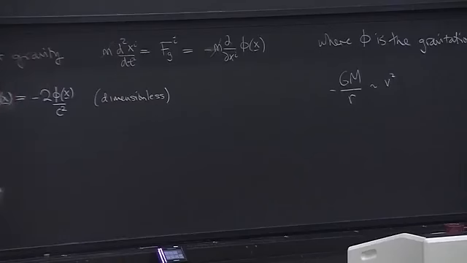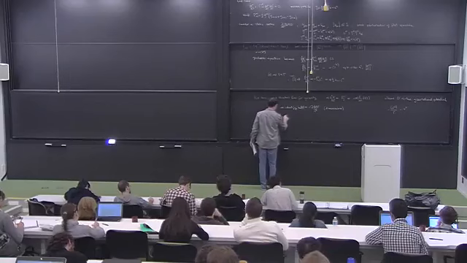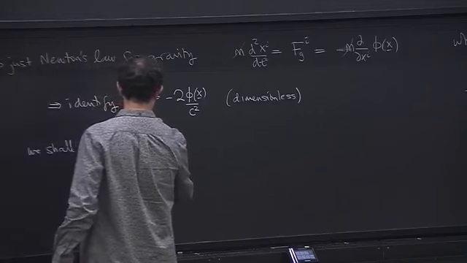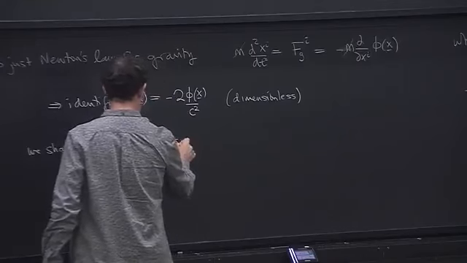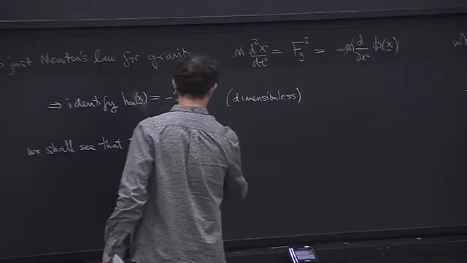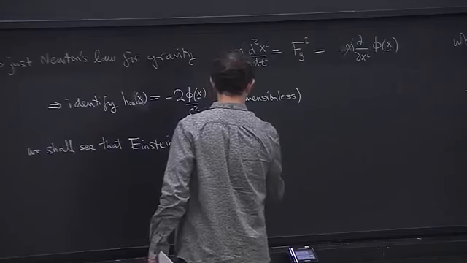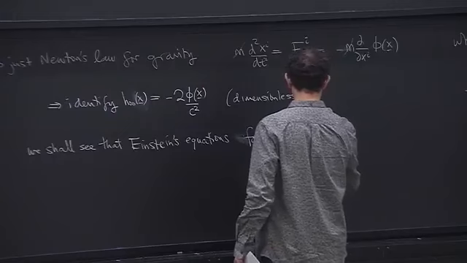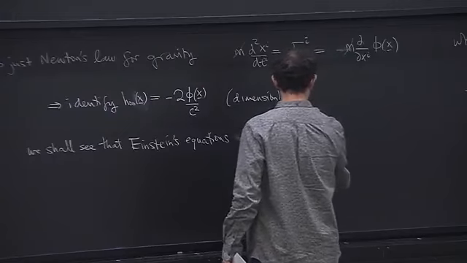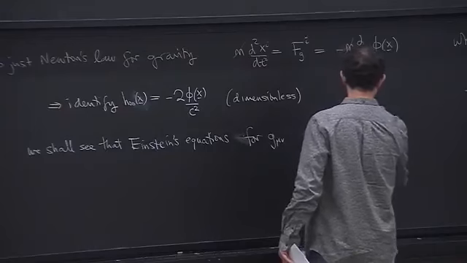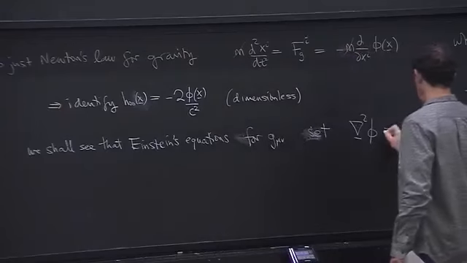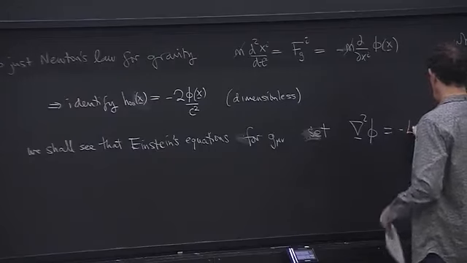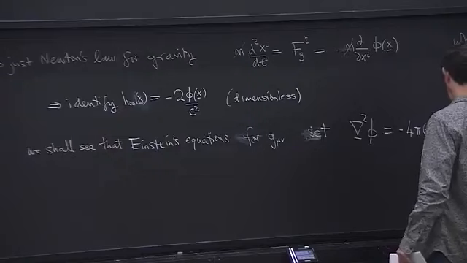Okay, so we shall see that Einstein's equations for G mu nu give del squared phi equal to 4 pi G rho.